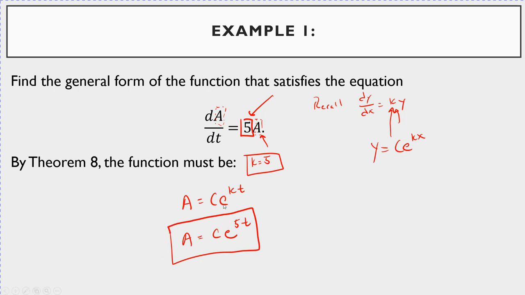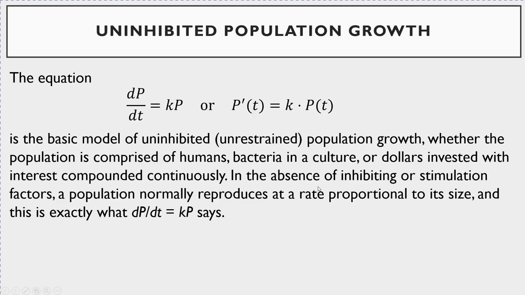So we want to expand on this now and talk about this as uninhibited population growth. So the equation dP dt, where P represents population and t is some time variable, so dP dt is equal to kP, or P prime of t is equal to k times P of t, is the basic model of uninhibited, so that's unrestrained, population growth.